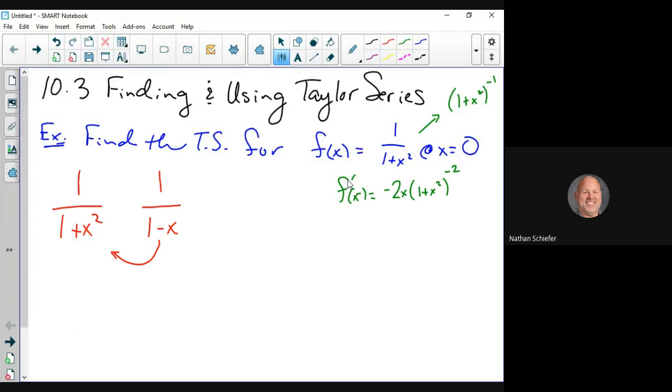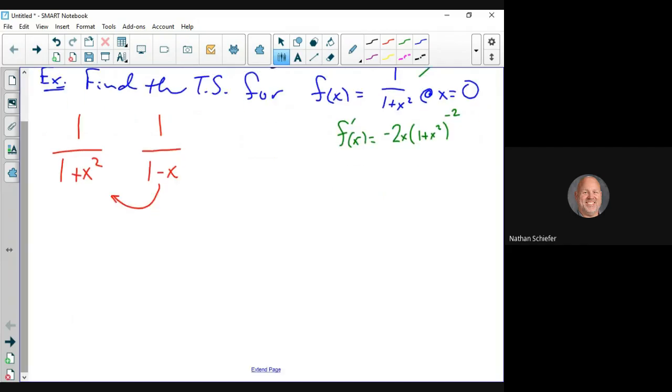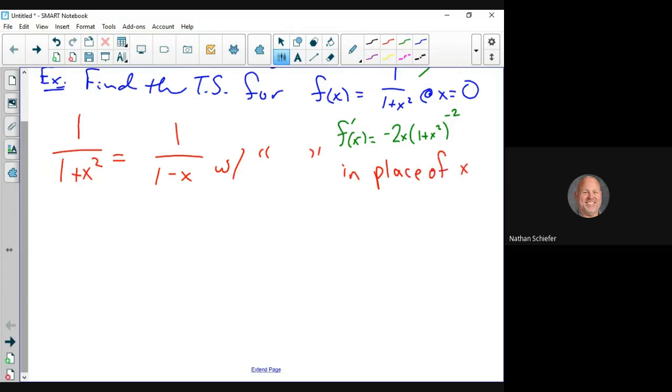If I just square it, then I'm not where I want to be. Could I put something in place of the x to get me here? This is 1 over 1 minus x with what in place of the x?